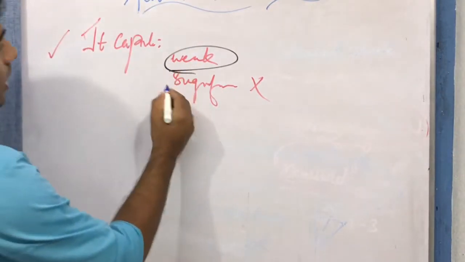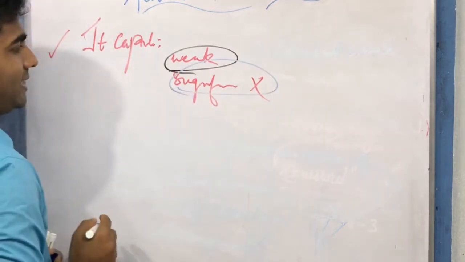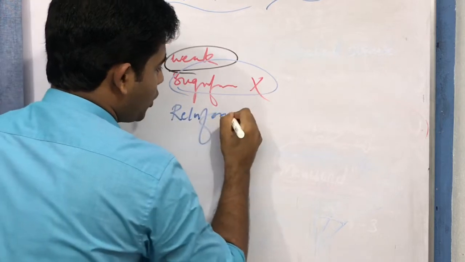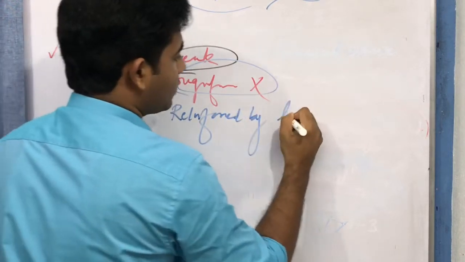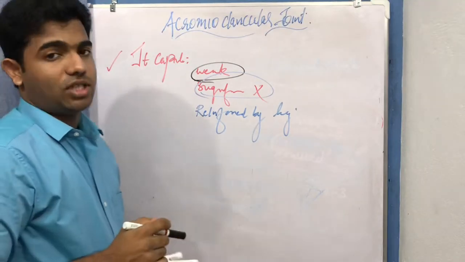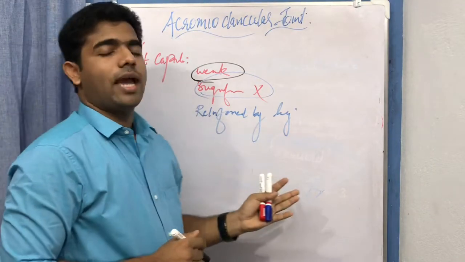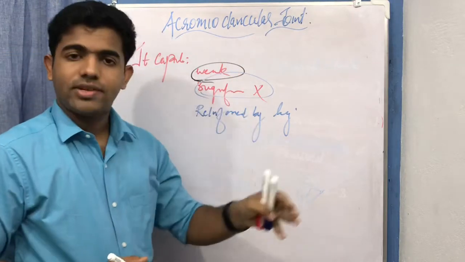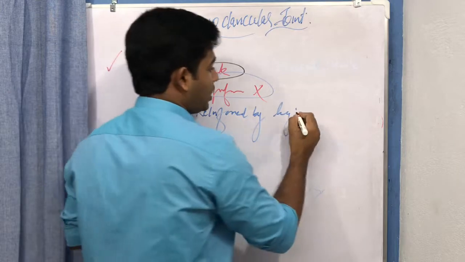So the capsule is a weak one and does not have much significance, except that it is reinforced by ligaments, and thus it gets some significance. Which ligament?